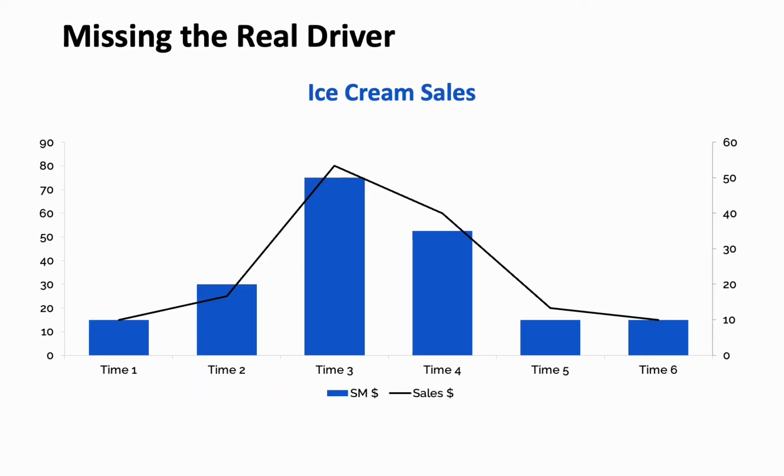So here is a nice example of what I'm talking about in terms of causality. This was from a presentation I saw many, many years ago from an insights manager. And he was talking about how he had been approached by the social media marketing person to say, we need to keep more spending on social media because the blue bars on this chart are the amount of money we spend on social media advertising, and the black line are the sales.